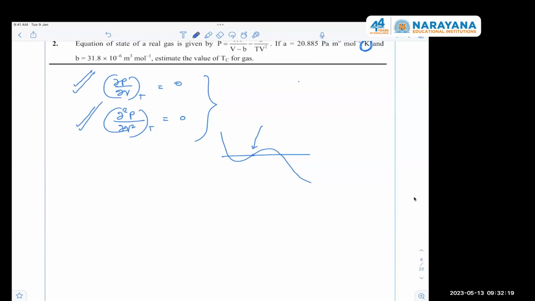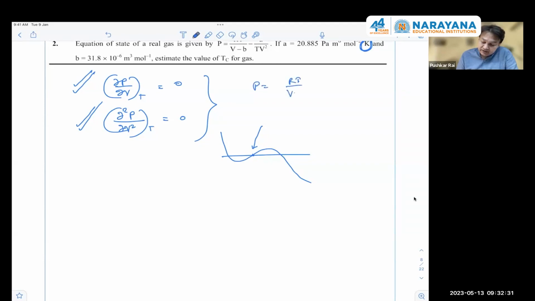This means the same thing. This is a result of equal roots. But sometimes you go with the Dieterici equation, which looks like P equals RT upon V minus B, e to the power minus A by V RT. There you will find it very difficult. With equal roots, when these kinds of equations come, it is very difficult to go about doing it in a proper manner.